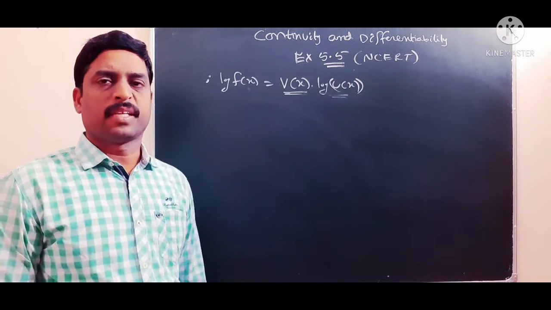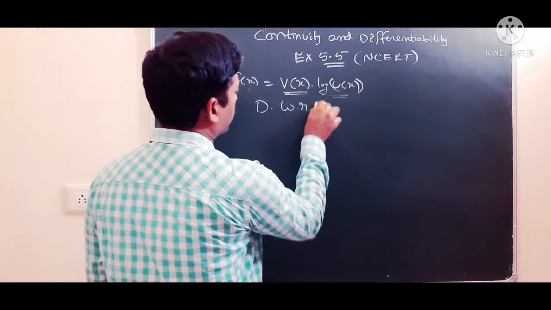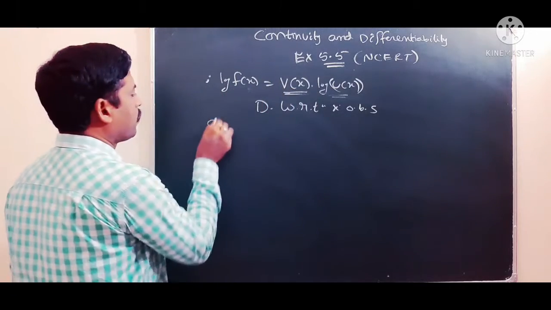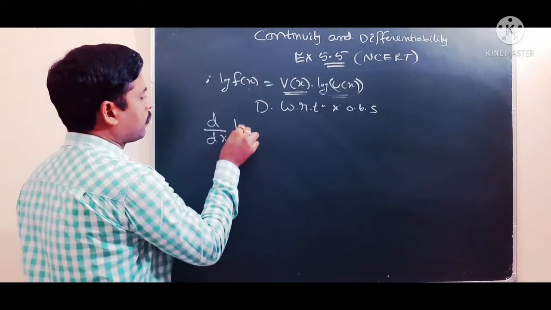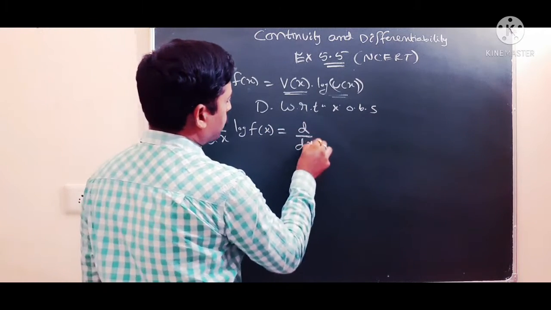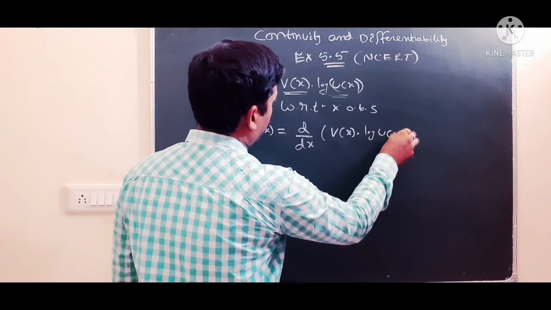Now differentiation with respect to x on both sides. So d by dx of log f of x equals the differentiation of v of x into log u of x.